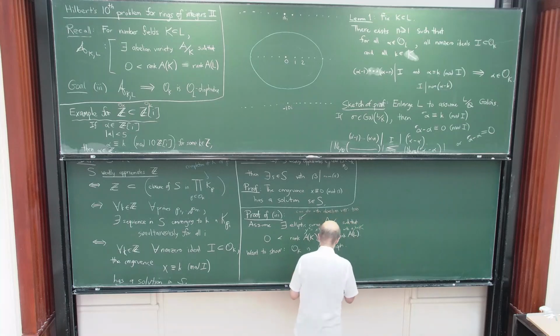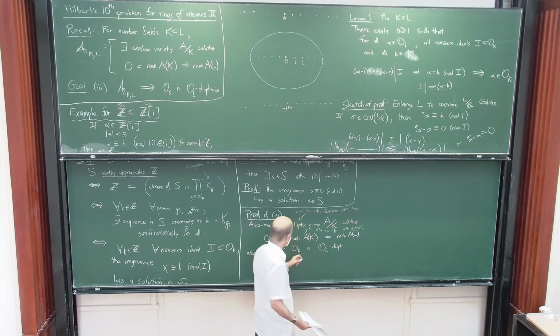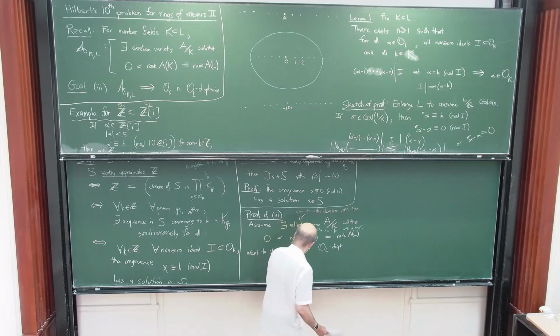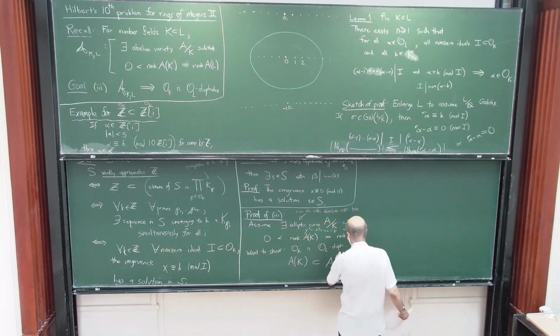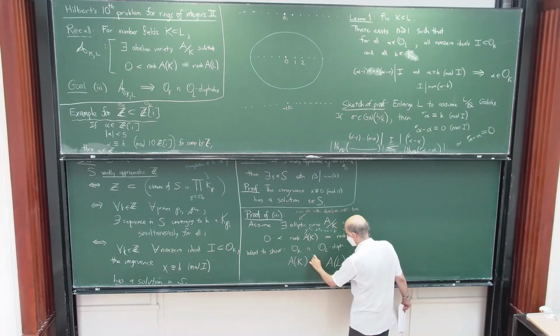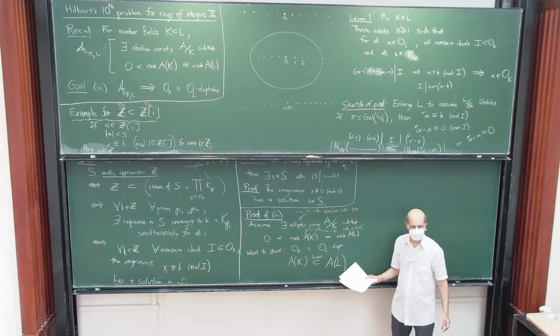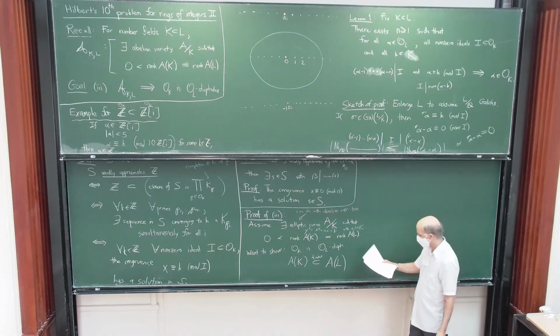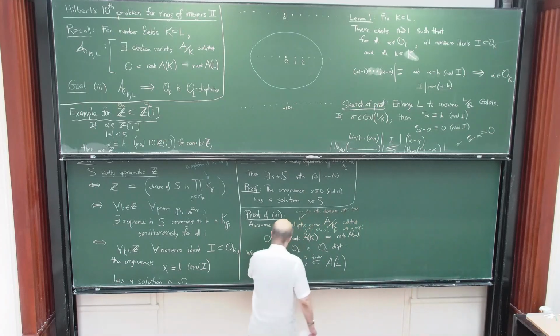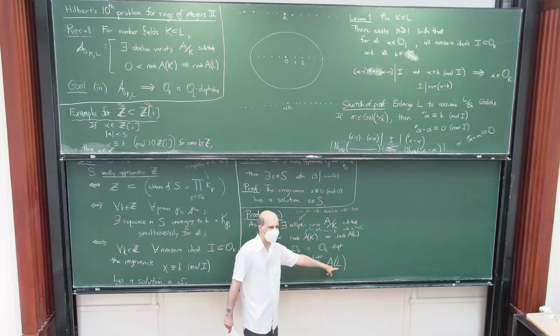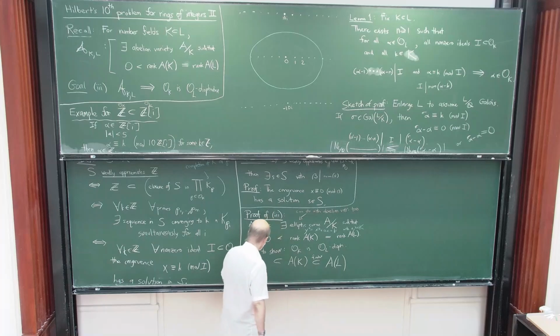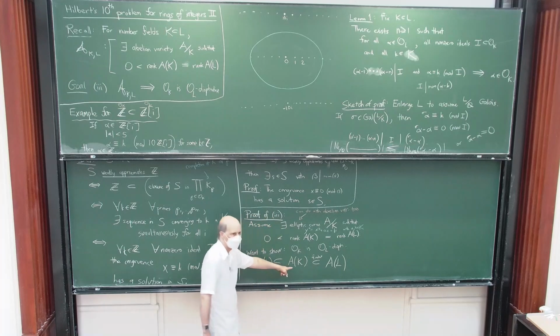So that means that A of K inside A of L is of finite index, because it's a subgroup of the same rank. Because of that, if I multiply this group by the index, let's call the index R, then that will be contained in here.